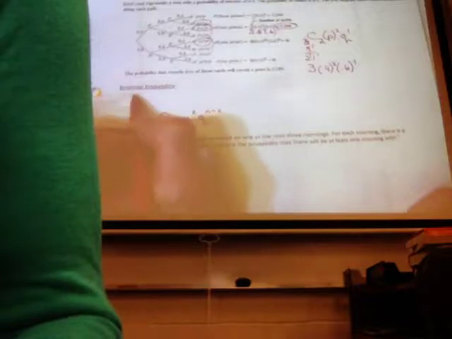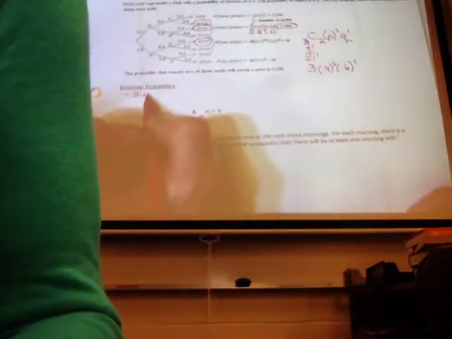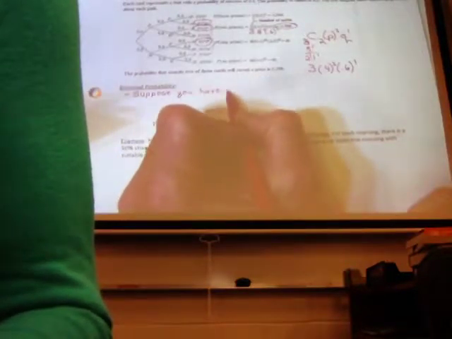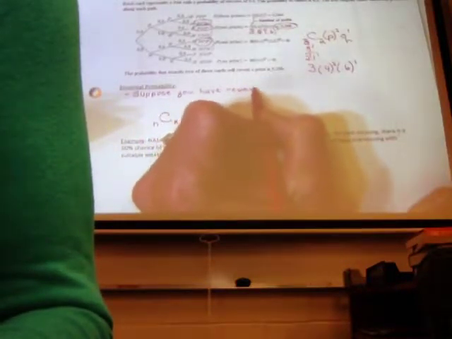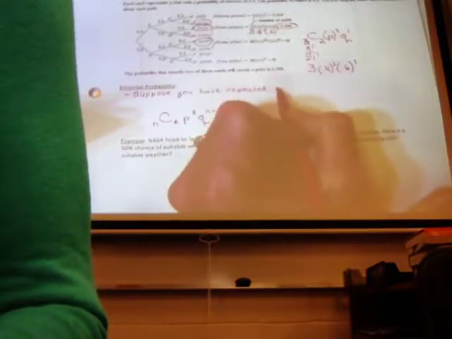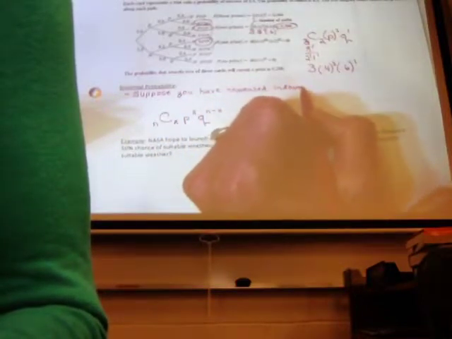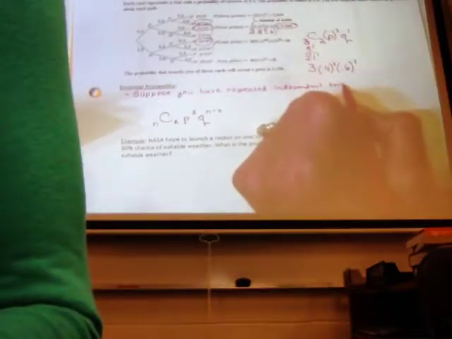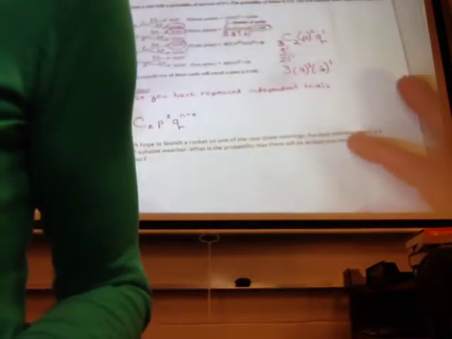The binomial probability is talking about this: suppose you have repeated, independent trials. Keyword: each trial is independent, okay?